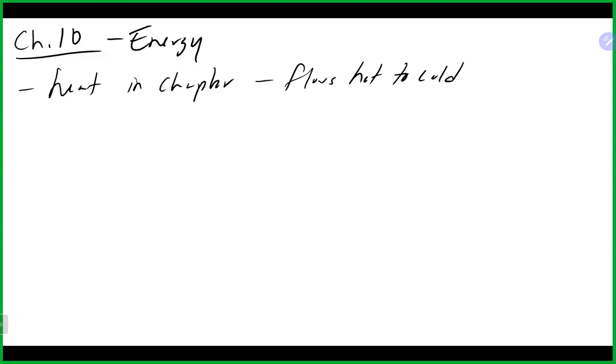So the warmer substance there gets colder, the colder one gets hotter. Common units of energy are joules, or kilojoules are very common. Also, calories, lowercase c, and kilocalories, also very common units of energy.